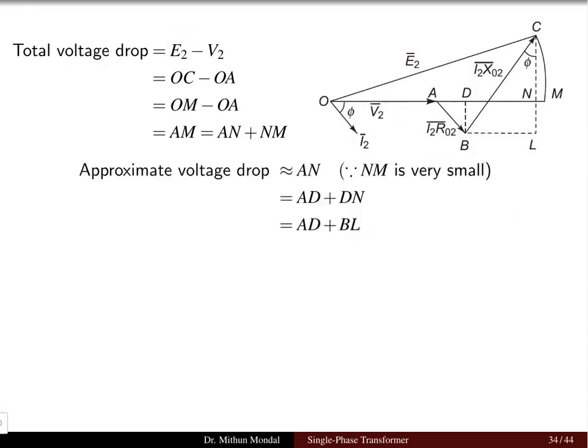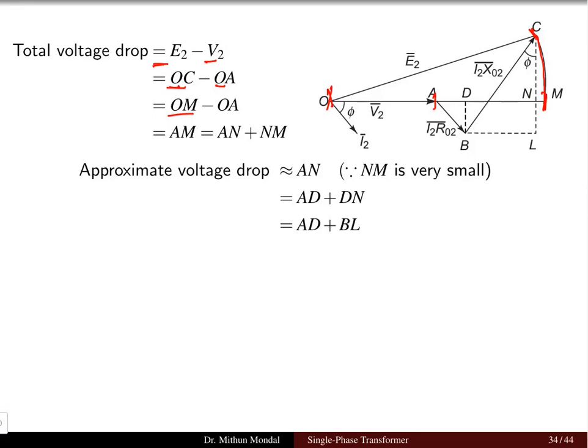So E2 is the value of OC, and V2 is nothing but OA. Now OC can fall here in such a way that the total E2 representation can be in the form of OM. So OM is equal to OC value.